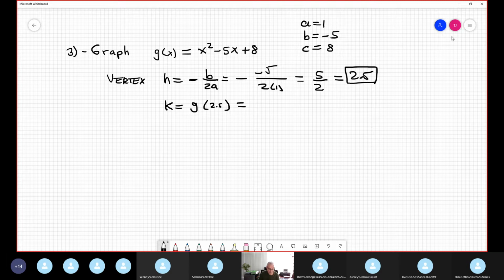I try to evaluate this function at x equal to 2.5. Boom, the answer is 1.75. So in fraction is 7/4, in decimal is 1.75. Therefore, the vertex of our parabola is located at the point 2.5, 1.75.